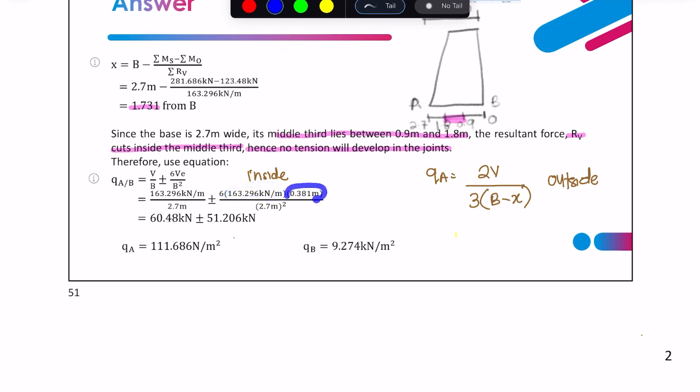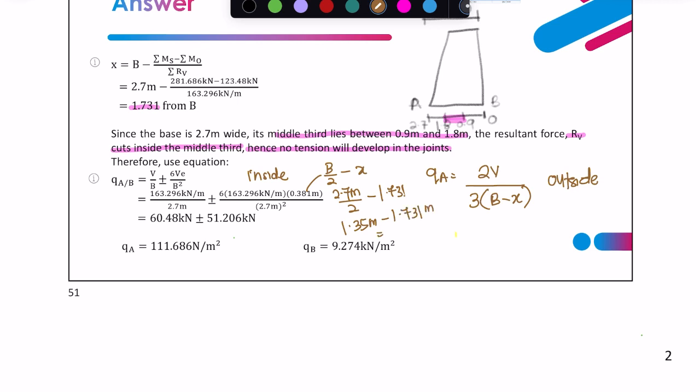times with the eccentricity. The eccentricity, you just take the B over 2 minus kan dengan X. So, B over 2 adalah 2.7 meter bahagi 2 tolak dengan 1.731. 2.7 meter bagi 2 equal to 1.35 meter minus 1.731 meter.